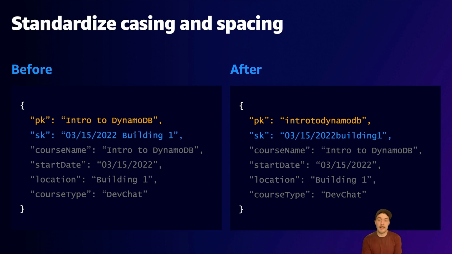Well, intro to DynamoDB, as it's stored and displayed for the user, has a capital I, spaces, DynamoDB, capital DB at the end. That's information that the front end is going to have to know in order to make the query, and by the front end, I just mean whoever is calling. What if by removing the casing and the spacing, that's information that the caller might not have to know, or they could get wrong, and it's fine.